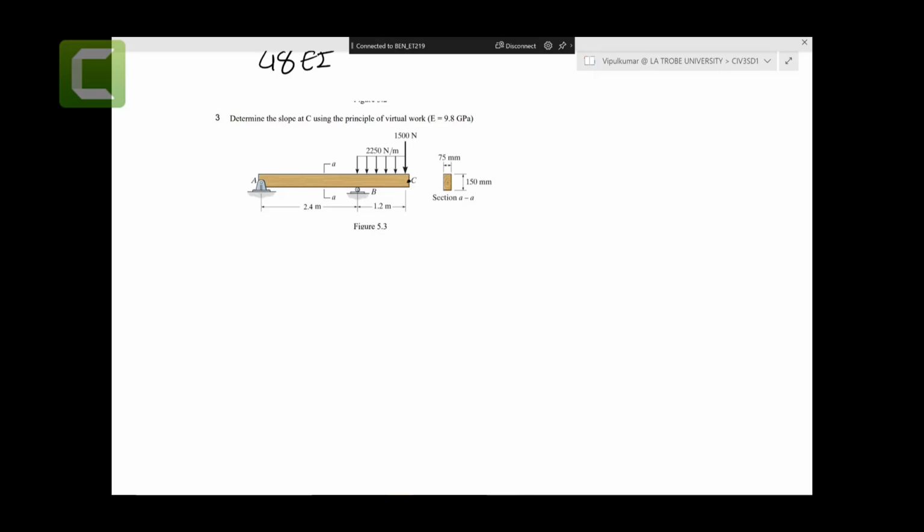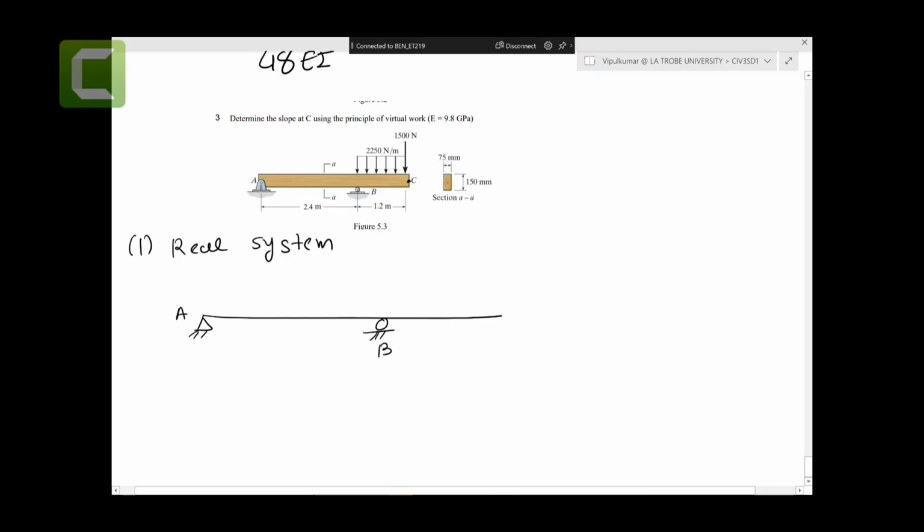All right, first things first, we're going to find the reactions. First, we will have a real system. In the real system, you have a pin at A, roller at B, and point C, and that is 2250 Newton per meter.